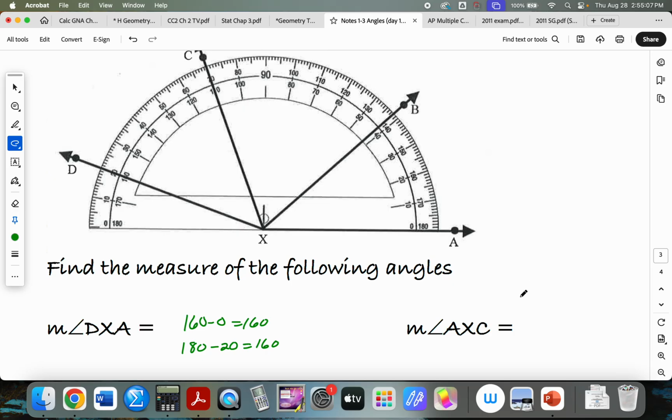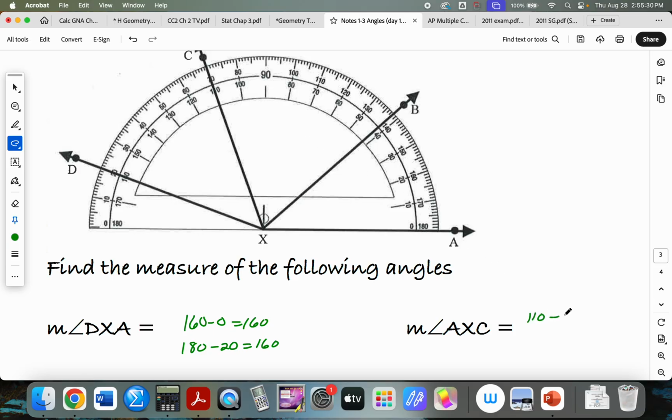So here, if we're trying to find the measure of AXC, pick a scale. It doesn't matter which. Let's do the inside first. Ray XA goes through 0 on the inside and ray XC goes through 110.